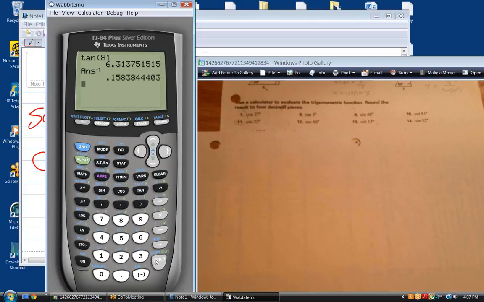Round that off. It would be .1584. Okay. And the cosecant of 23 degrees. So it would be the cosine of 23 degrees.